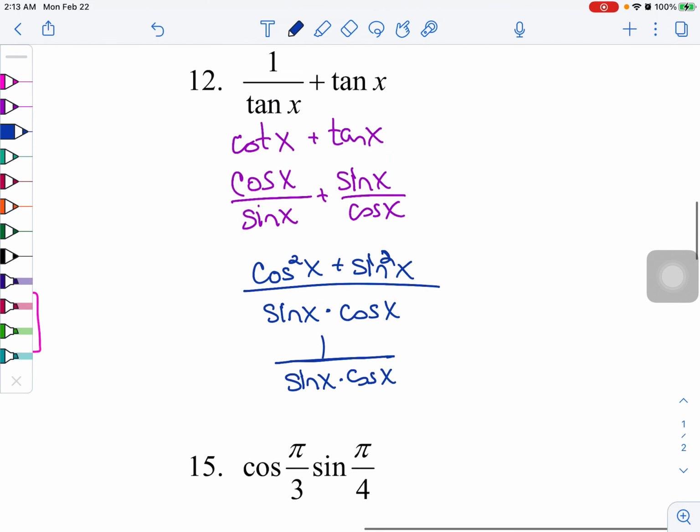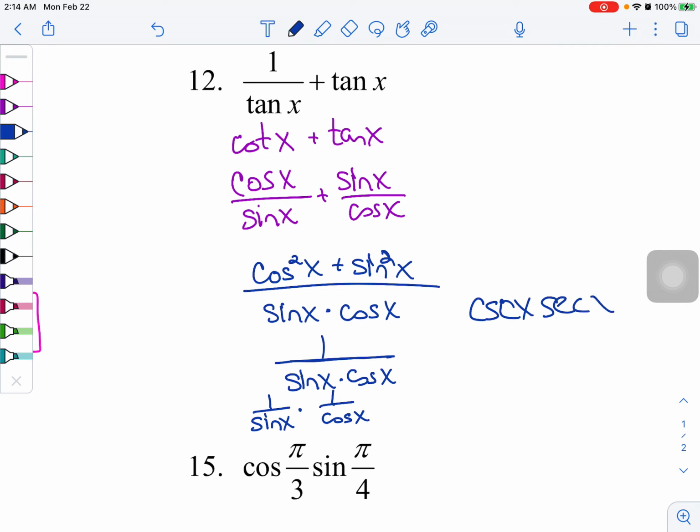So 1 over sine x times cosine of x. I'm going to split this up. I can't create a single ratio, but I can split it up into 2 pieces here and turn this into 1 over sine x times 1 over cosine of x. So 1 over sine is going to be cosecant of x times 1 over cosine is secant of x.